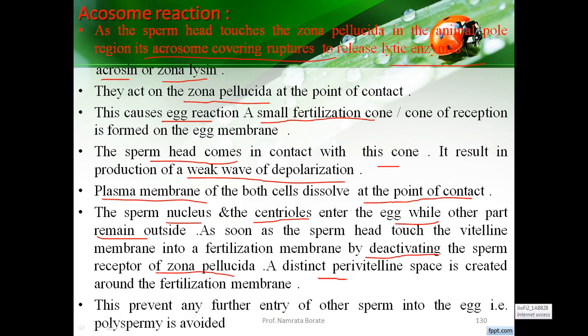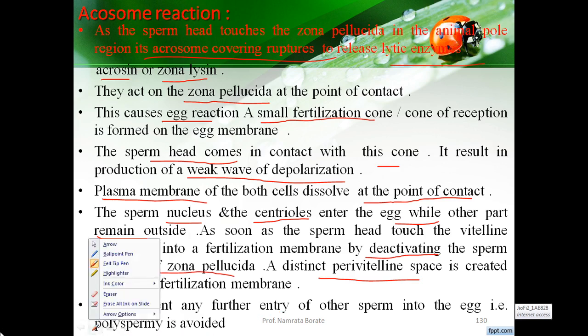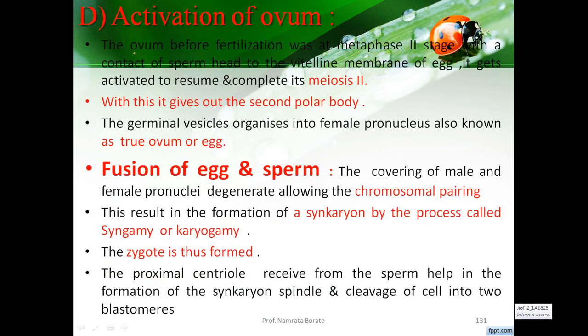A distinct perivitelline space is created around the fertilization membrane. This prevents any further entry of sperm into the egg. That is, it avoids polyembryony. The further part we see, the fourth one, is the activation of the ovum.